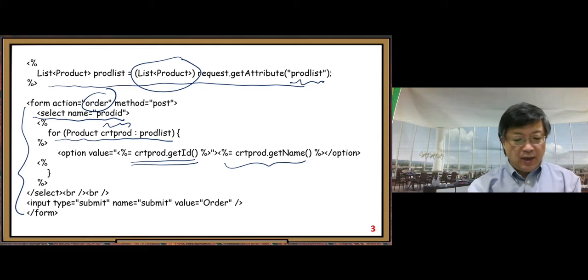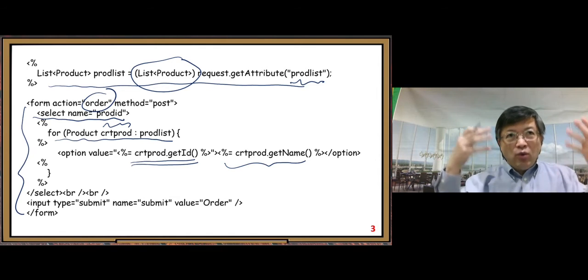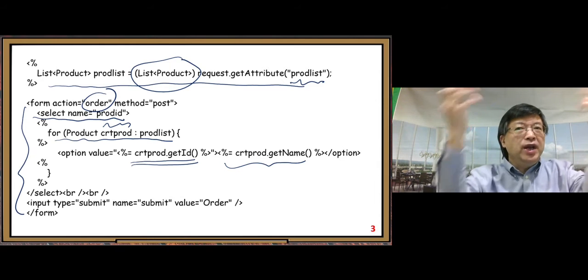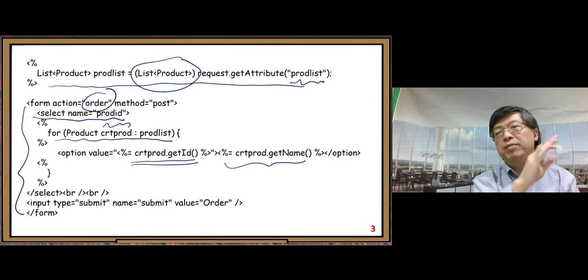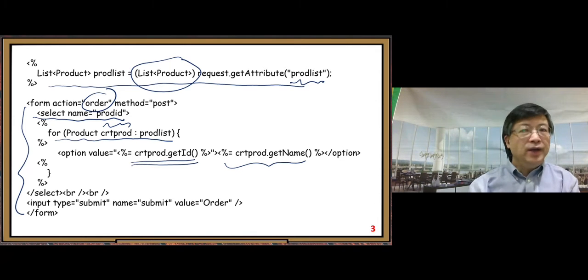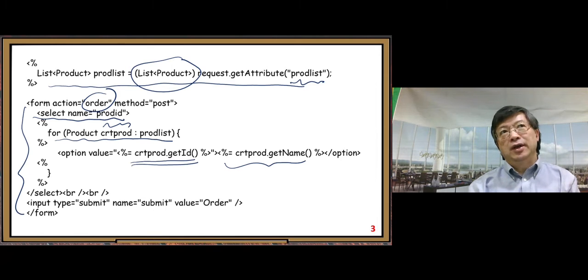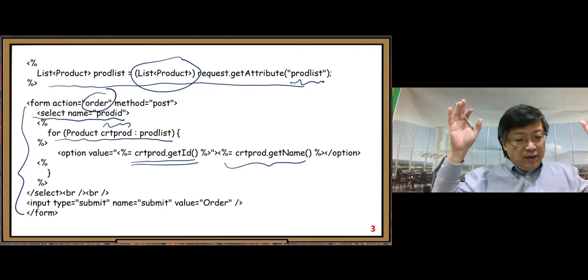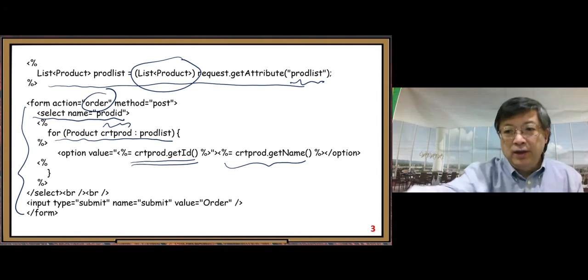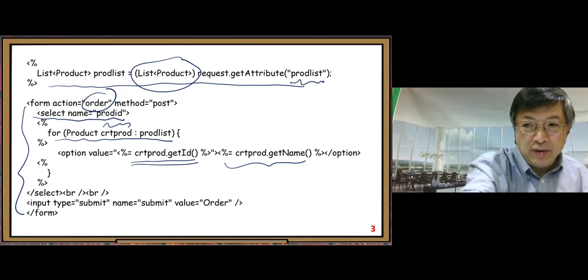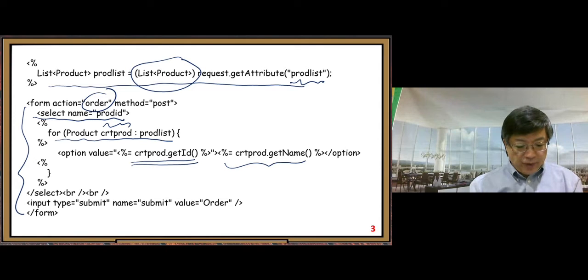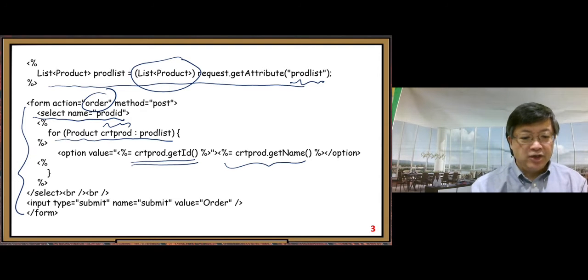So at this point, we get what we need for sample C. That's all we need. Let me run the demo, so we will complete this video. Pretty simple for this part.